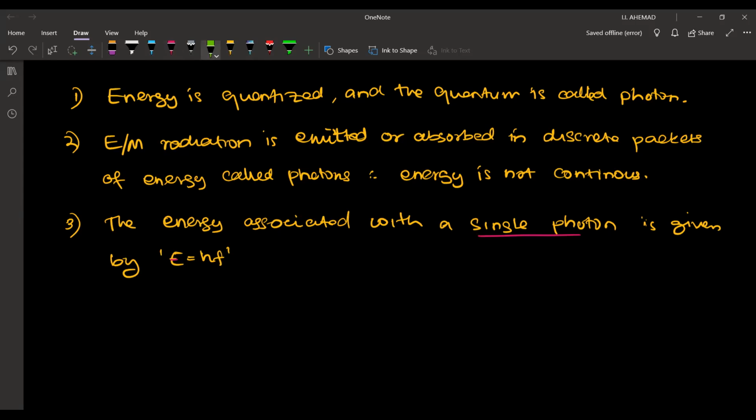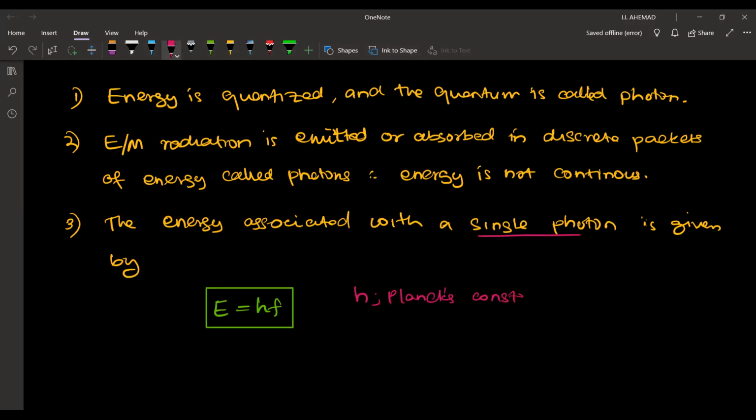So here, E is equal to hf, and h is Planck's constant, which is equal to 6.62 times 10 to the negative 34 joule second.